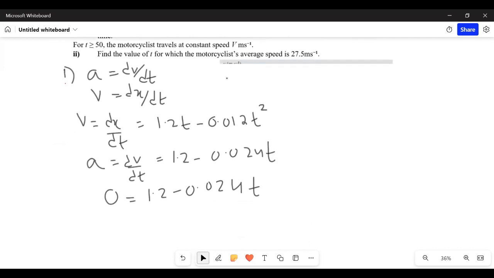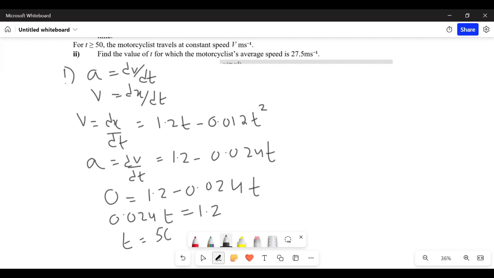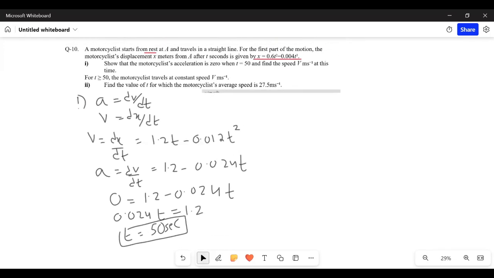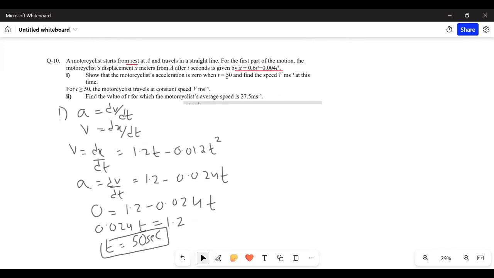So you get 0.024 t equals 1.2. Now divide them, 1.2 divided by that is 50 seconds. So we have shown that when acceleration is 0, time is 50.